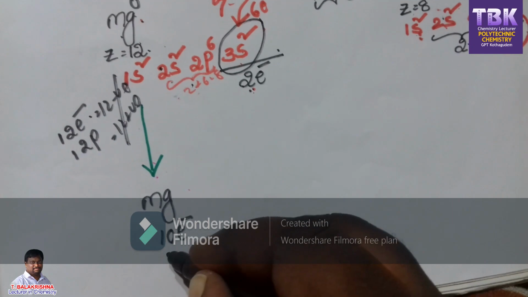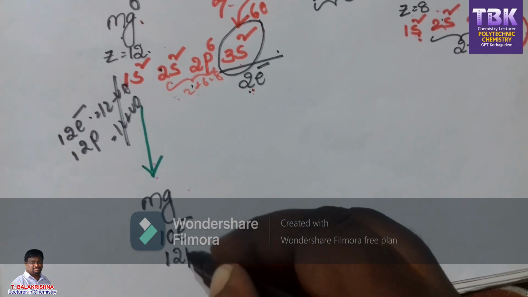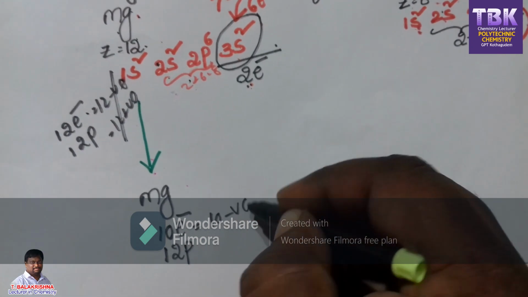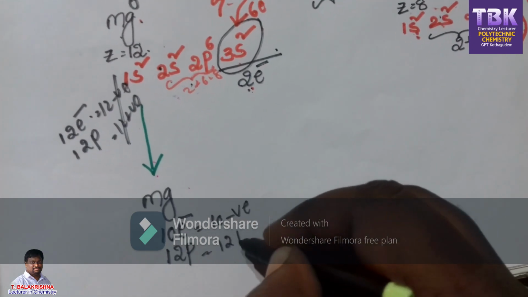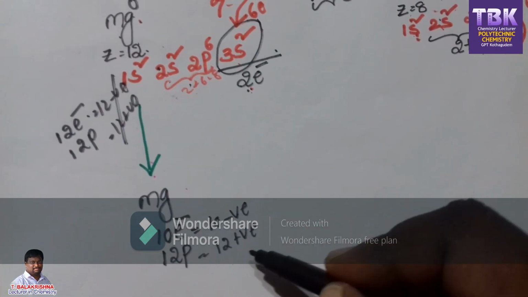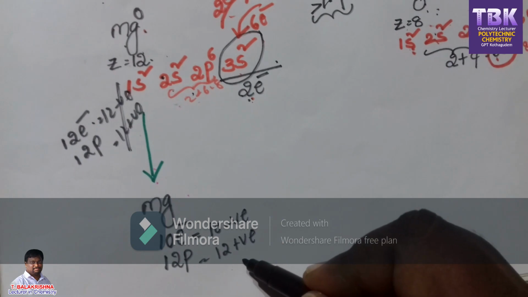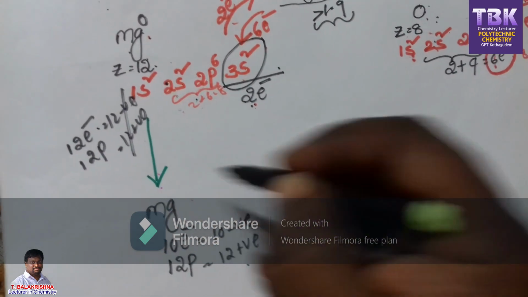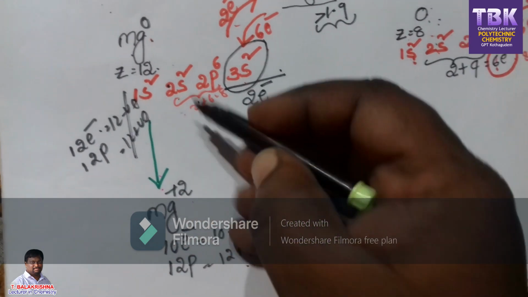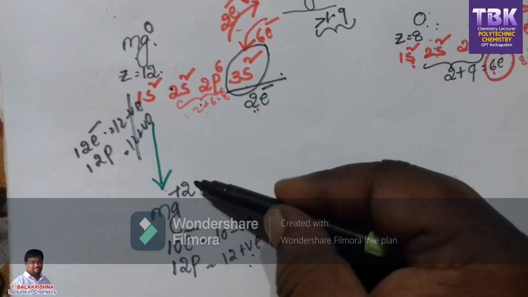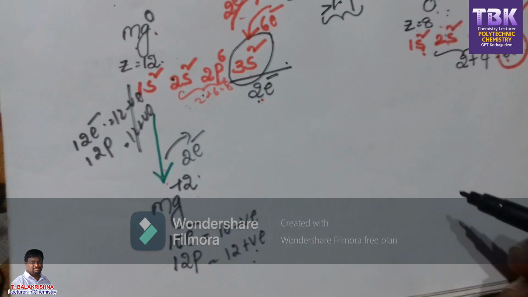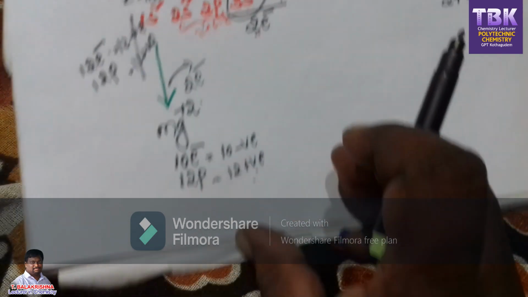There is no change in number of protons, so 12 protons. So here 10 units of negative charge and 12 units of positive charge. Here 10 units of negative charge are neutralized by 10 units of positive charge. It has an extra 2 positive charges. So here magnesium is converted into magnesium plus 2 by losing 2 electrons. Is it clear?